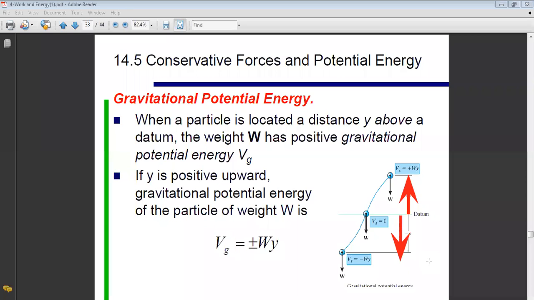When y is negative, I need to have a positive result, because when y is negative, then I am above the reference. This is why we put minus. So keep in mind, if you work with the y-axis upward, you put Vg equals plus Wy. While if you are working with y downward, then you put the gravitational potential equal to minus Wy.